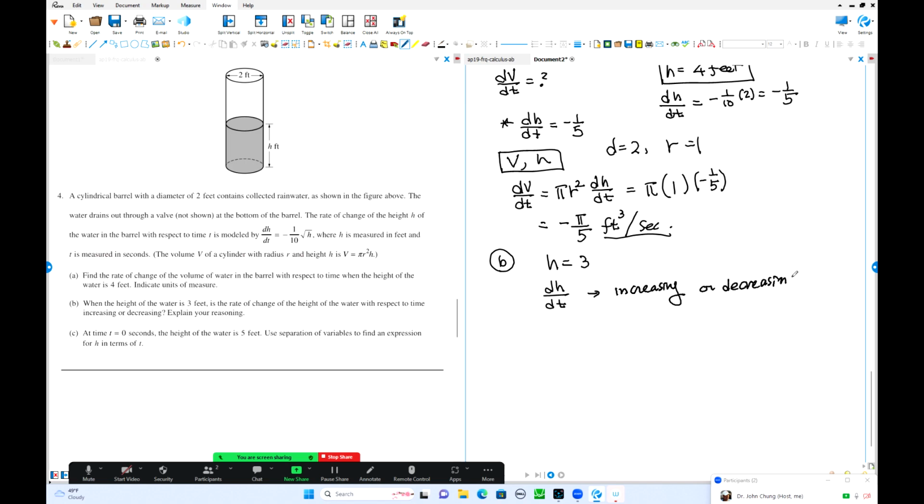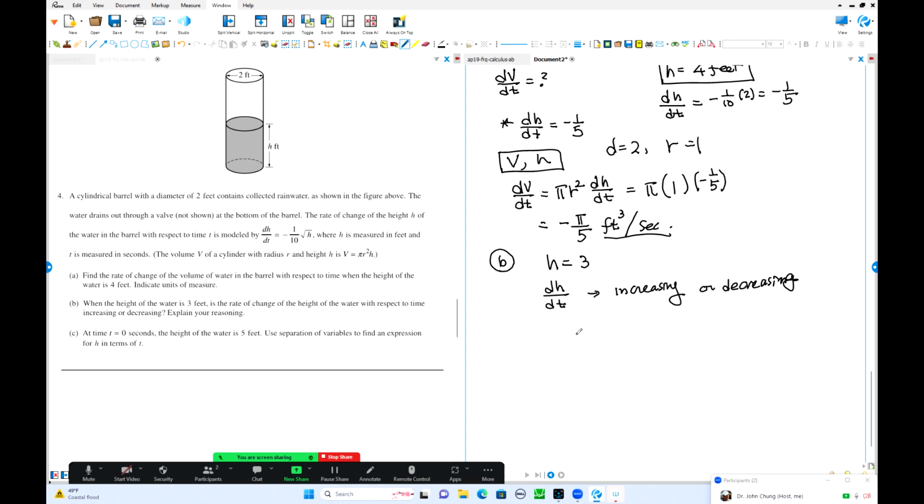You have to check it out. The rate is increasing, not the height. A little different. The height, when you pour water in, is always increasing, right? But dh/dt is sometimes very fast, sometimes very slow. We check out that situation. Are you okay with this?